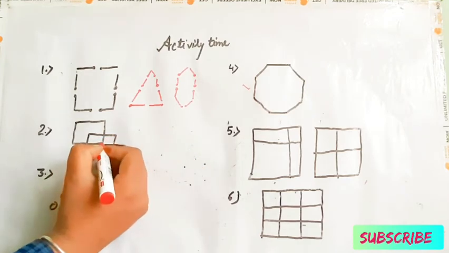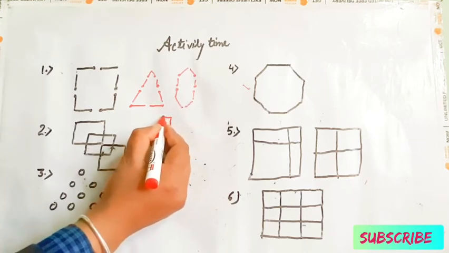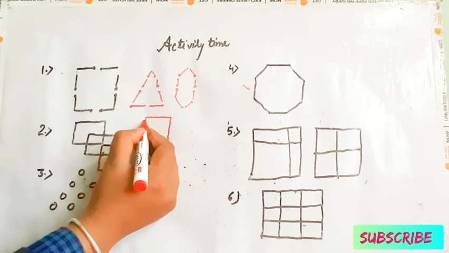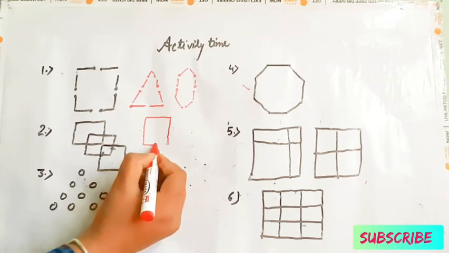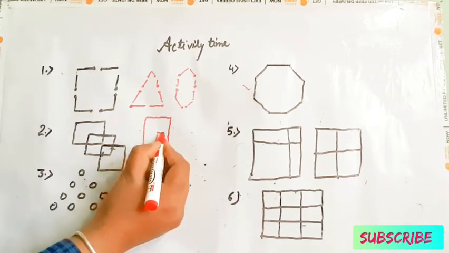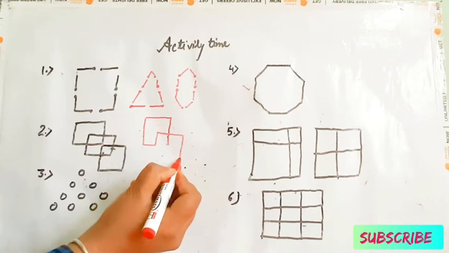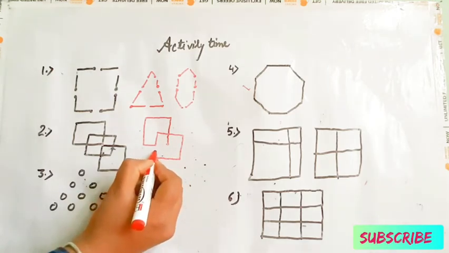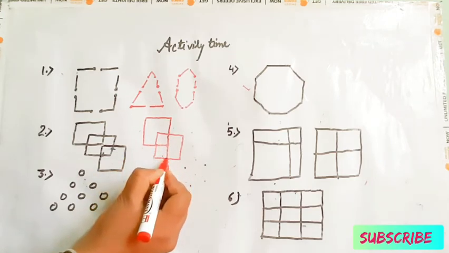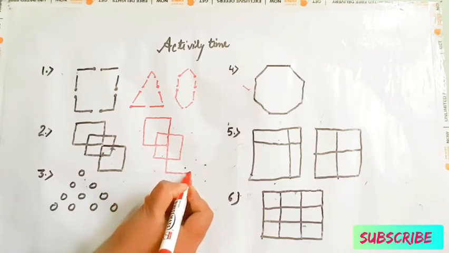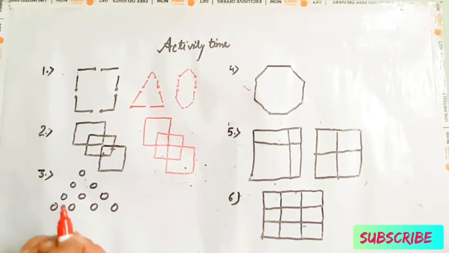We will start from this point, the center point, here to upwards, then to the left side, then downwards, then take it to the center point, then upwards, then here, then here, then here, complete the square, then here, and here, here, here, and this is the complete figure without lifting the pen.